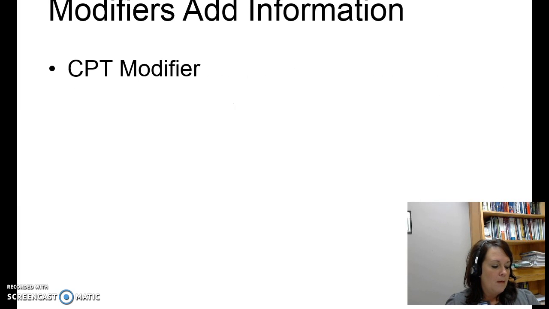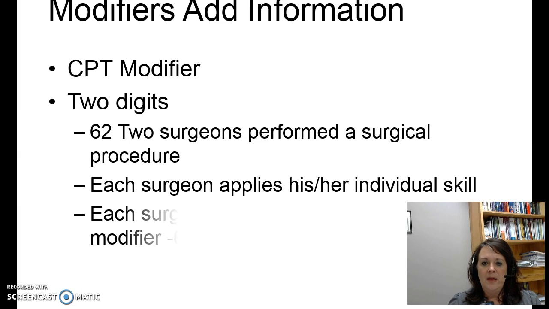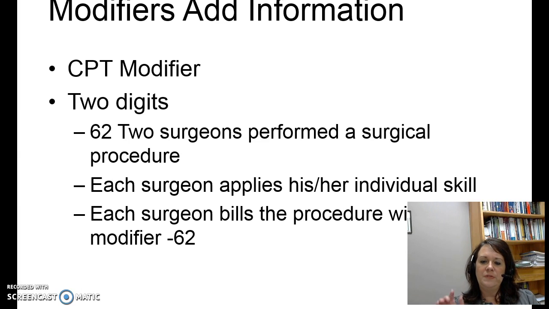Modifiers, just going through these quickly, we do a whole chapter on these as well. When you see modifier 62, see that dash or hyphen in front of it. When you see the hyphen, you say modifier. So when we see it in two places, we'd say modifier 62. They give a little definition of modifiers, and these are always in Appendix A. As the slide says, modifiers add information.